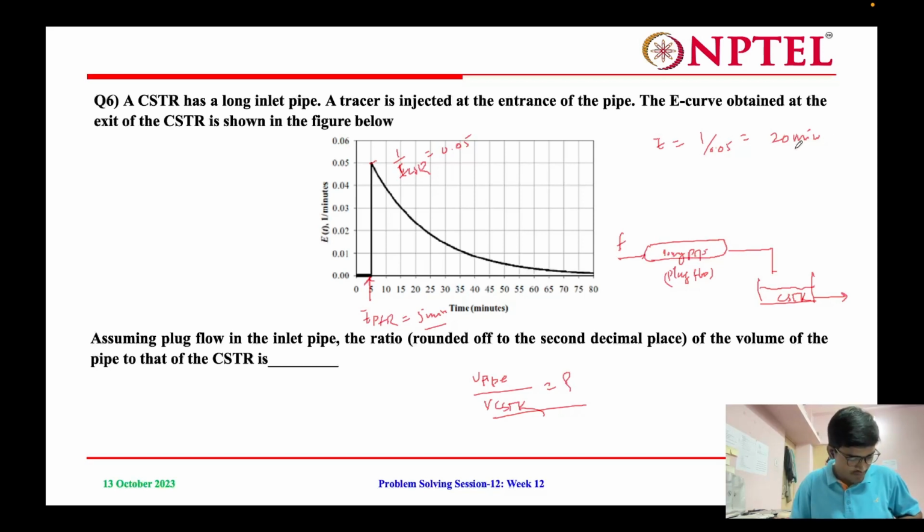Now V pipe divided by F equals 5 minutes. That is the residence time. And here V CSTR divided by F equals 20.